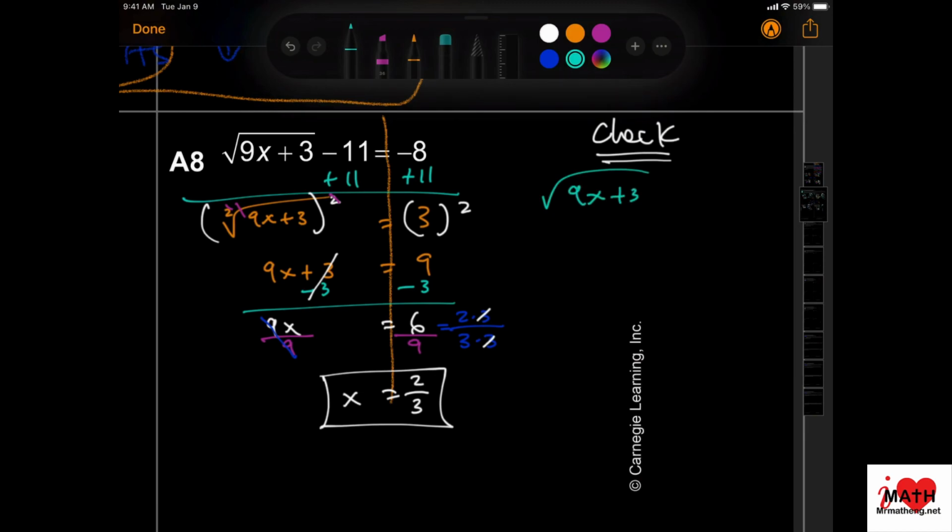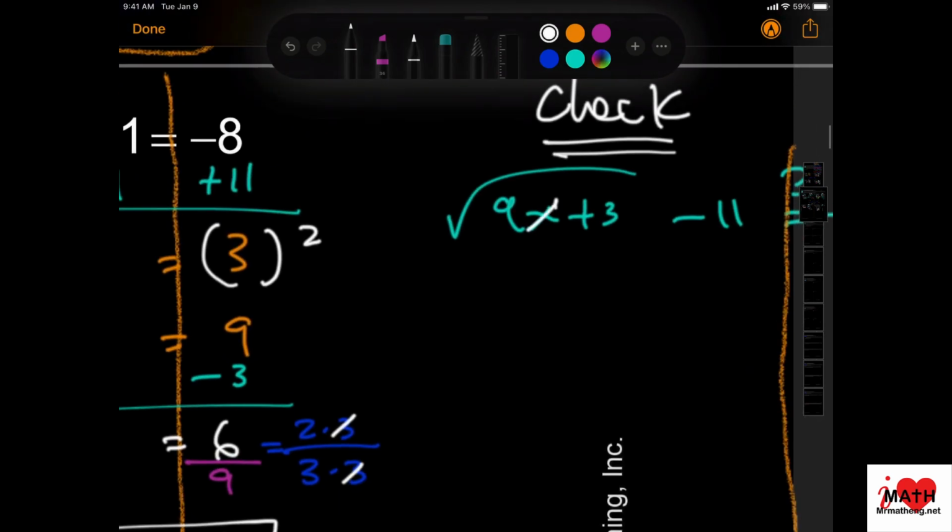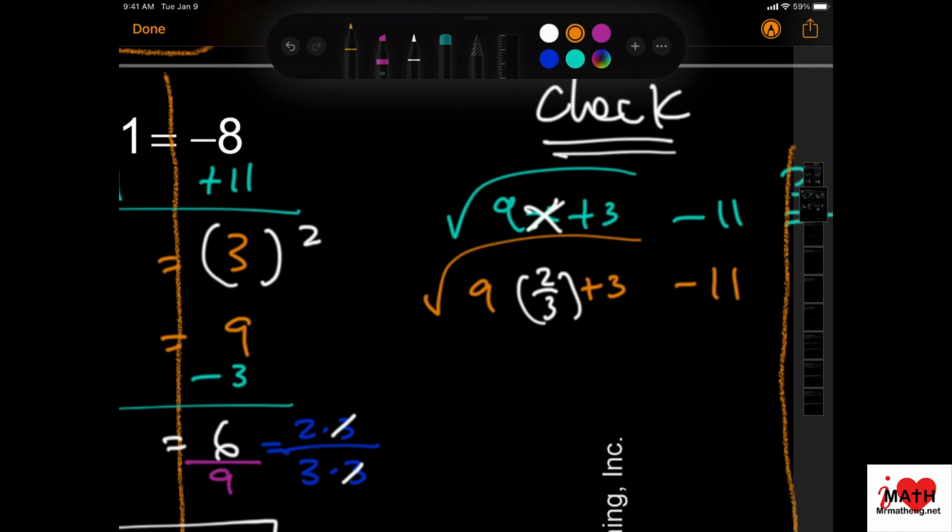9x plus 3 minus 11, is that equal to negative 8? And I like to draw a line down the equal sign. Again, in order to simplify one side, you can use PEMDAS. So I'm taking the x equals 2/3 and putting it in here. How do you make 9 a fraction?